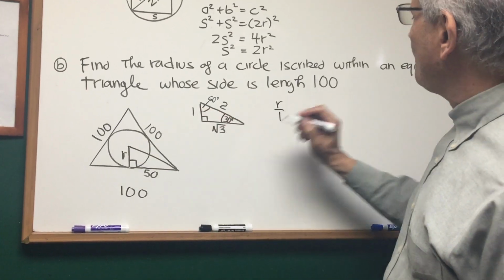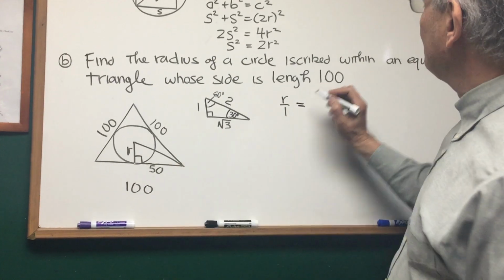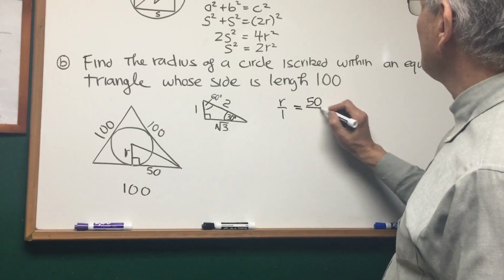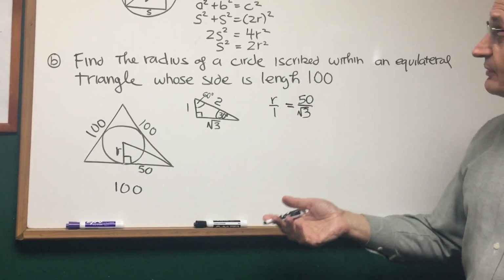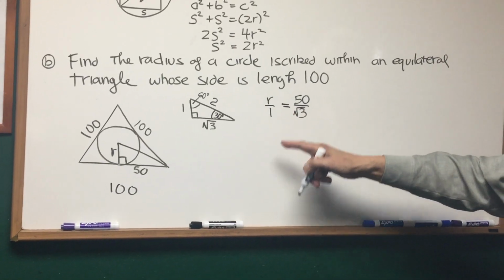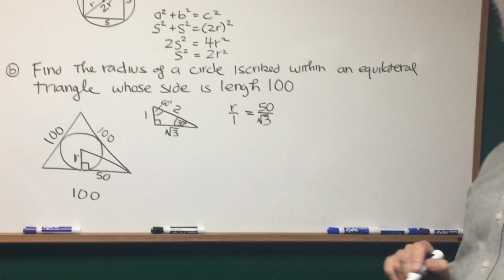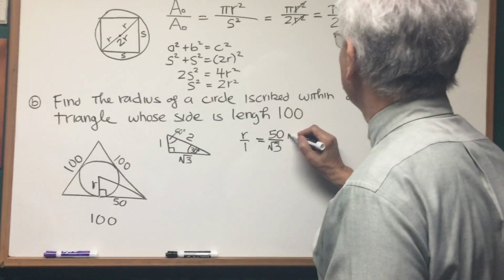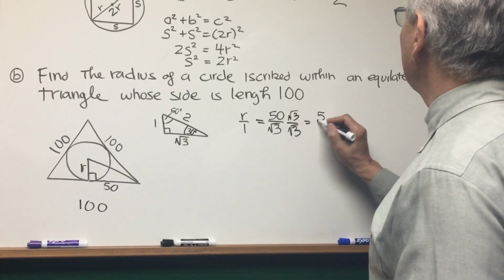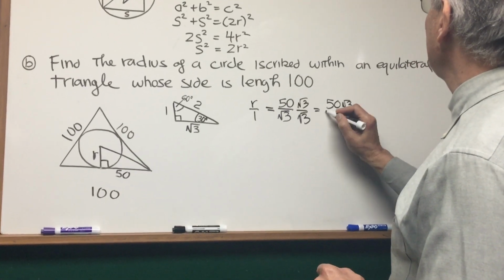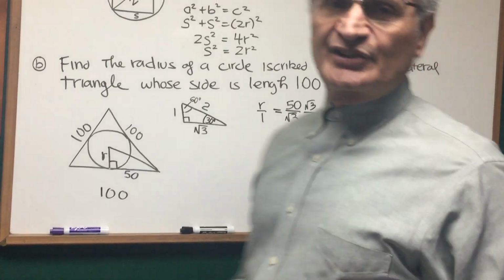Opposite r is to 1 as 50 is to the square root of 3. And there's our answer right there. What's the radius of this circle? It's 50 divided by the square root of 3. And if you want to rationalize it, as is sometimes seen, we can call this 50 square root of 3 over 3. And there's our answer.